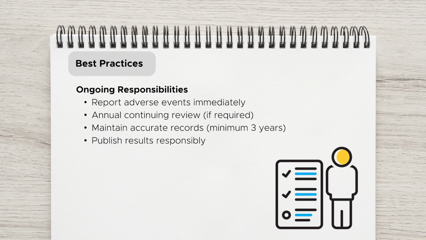It is important at the very end of the day to learn that ethics is an ongoing responsibility for the researcher. Any event that adversely affects individuals should be immediately reported to the review board.